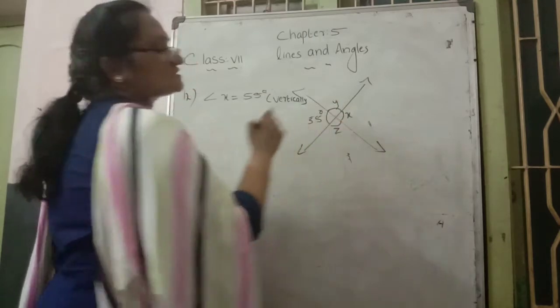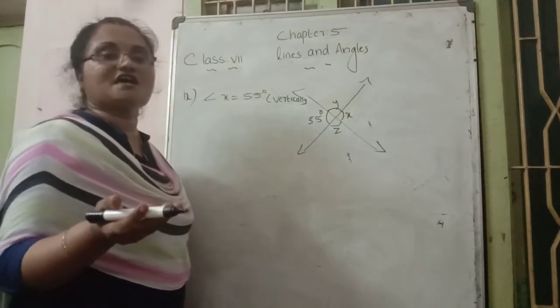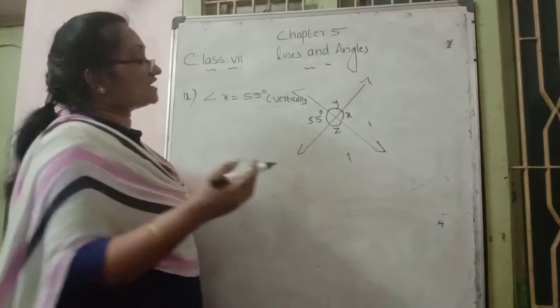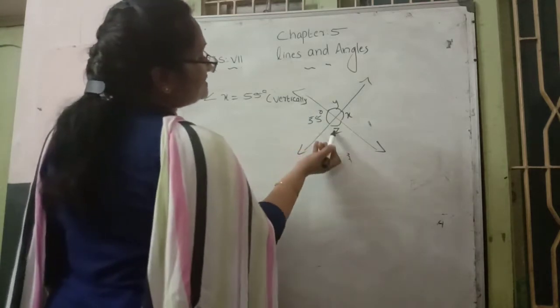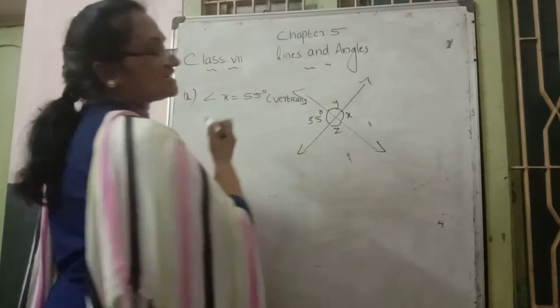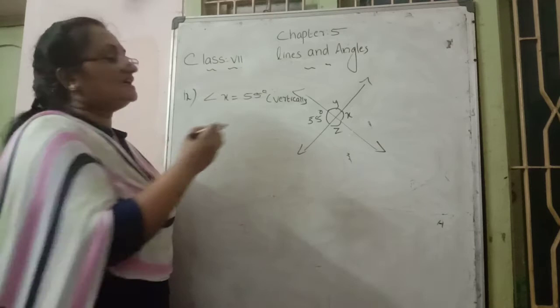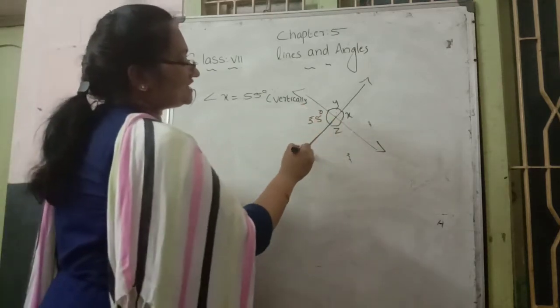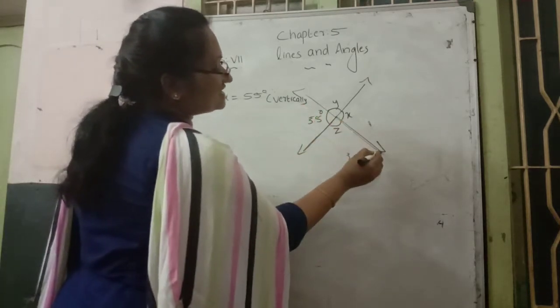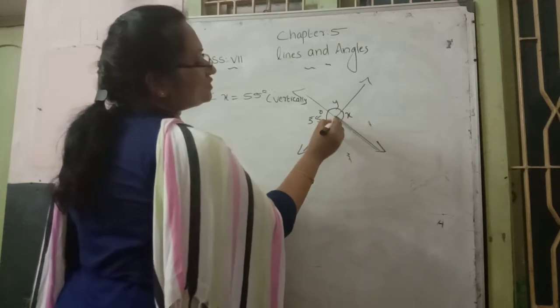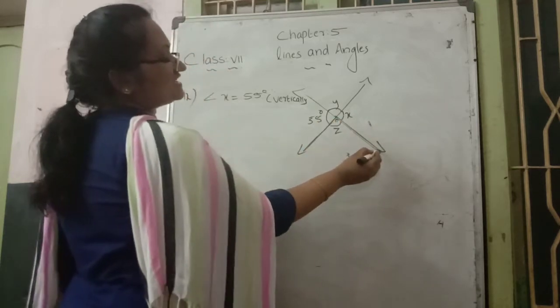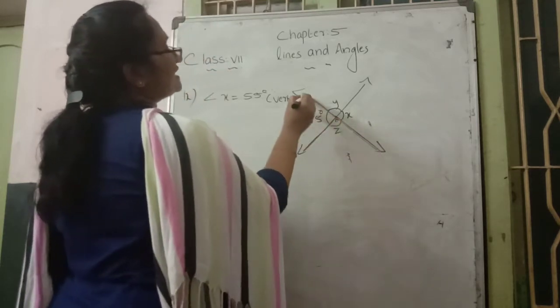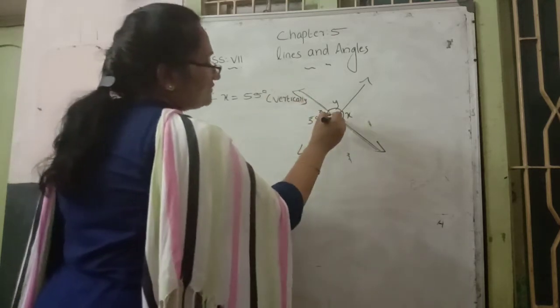Then the y and z values remain, but we can't find them directly. So next, see z and 55, what can we say? Z and 55 make a linear pair. Linear pair means the two non-common arms, here O and O2, one ray on this side represents one arm, another ray on this side, and one common arm.